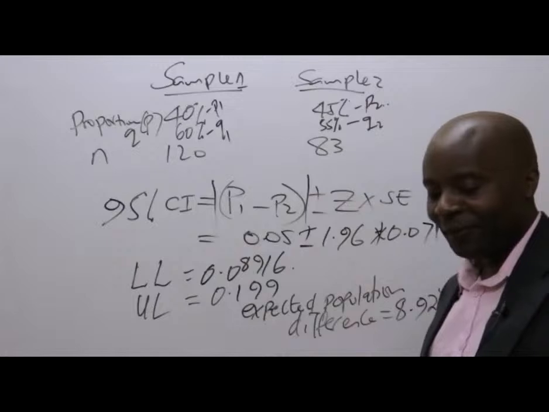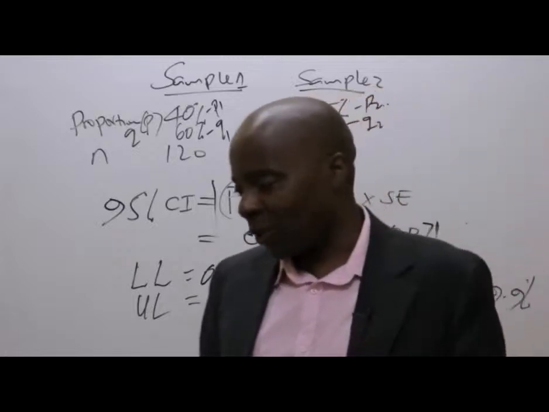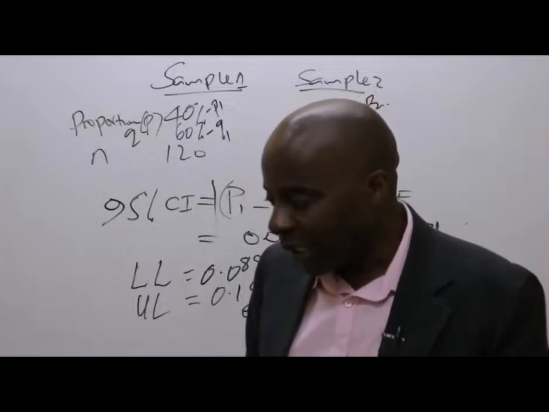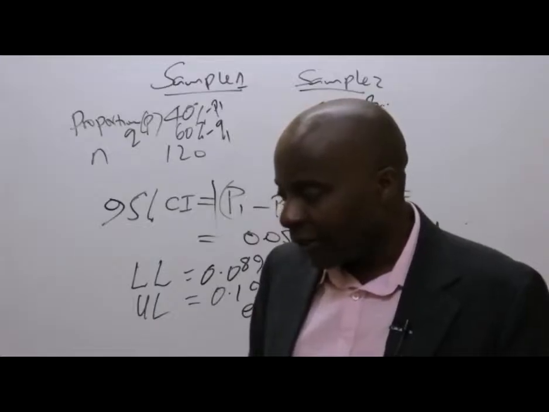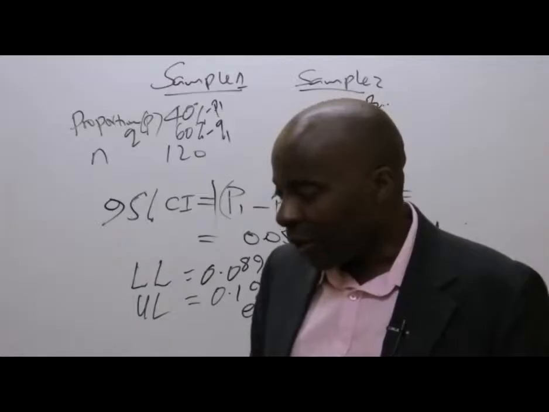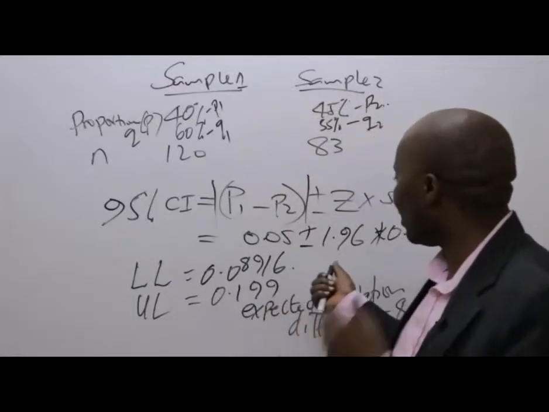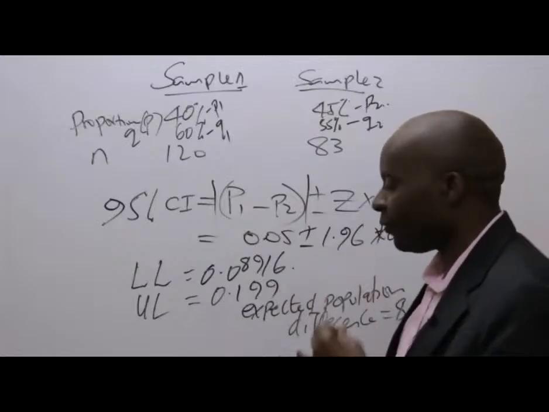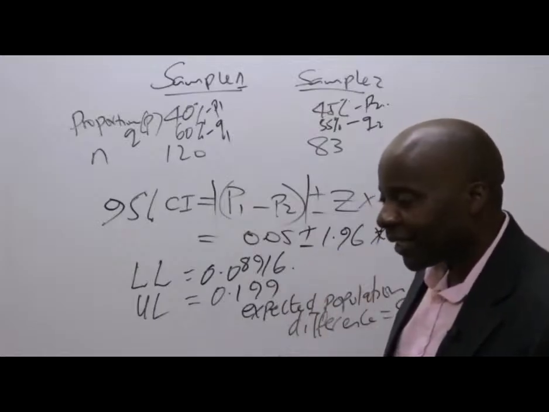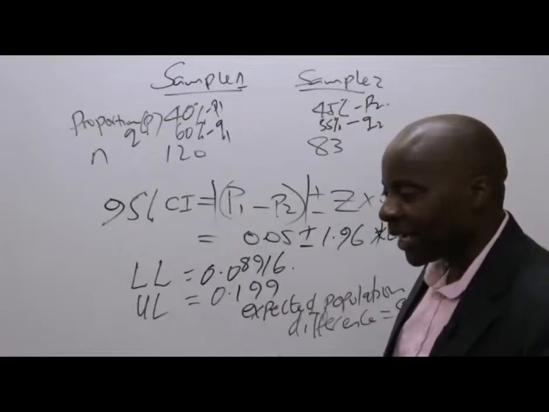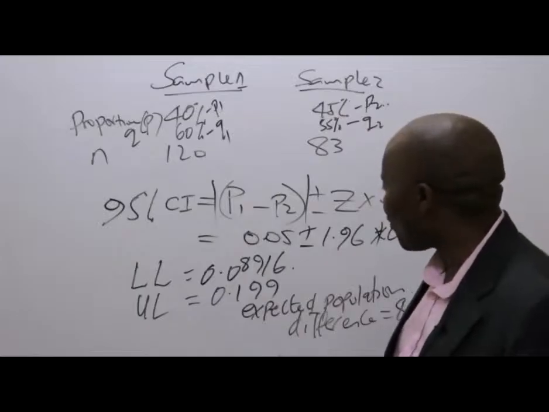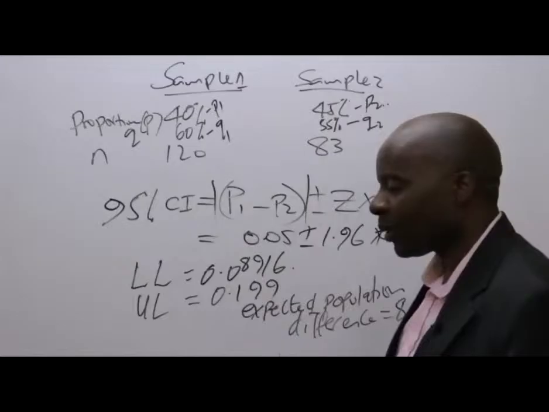Now, ladies and gentlemen, write another title. We are still talking of, no, in the limits, we don't ignore the negative. If, for example, is the lower limit here negative? 0.05 minus 1.96 times 0.071.